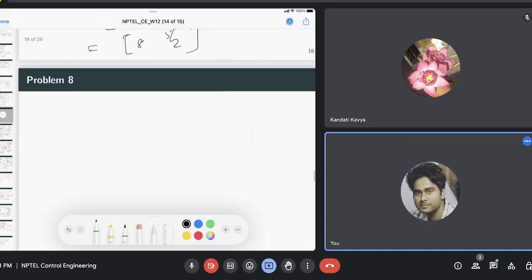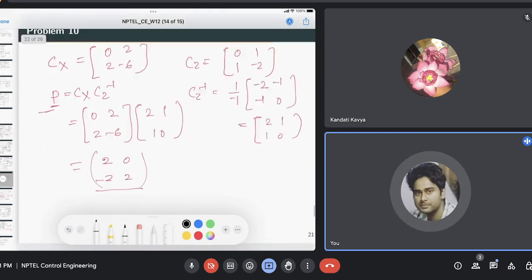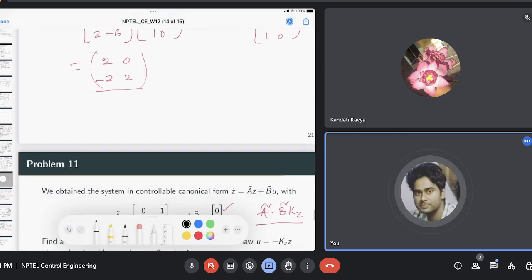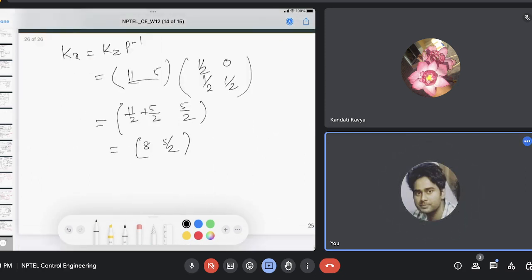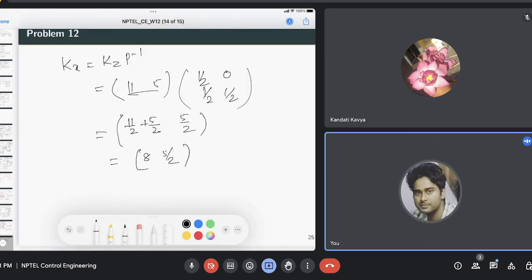Okay, I'll explain this step again simply. To recollect the steps: we are given the x domain system, x dot equals Ax plus Bu, in some form that is not the controllable canonical form.